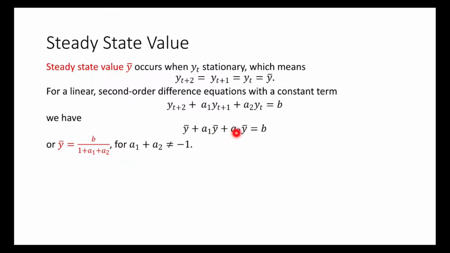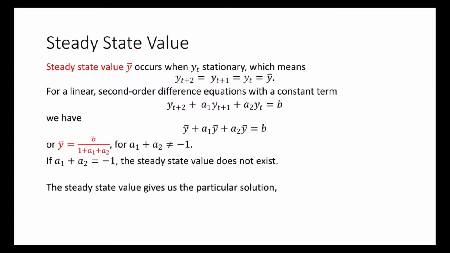This is the steady state value, of course when a1 plus a2 is not equal to minus 1, because we cannot have a divisor of 0. When 1 plus a1 plus a2 is equal to 0, the steady state value does not exist.